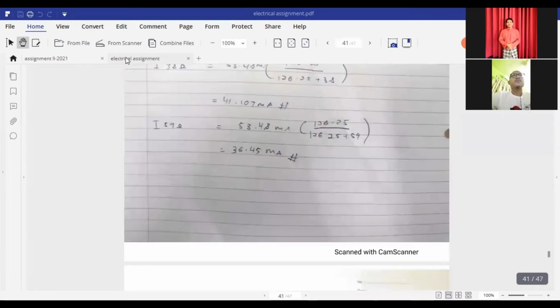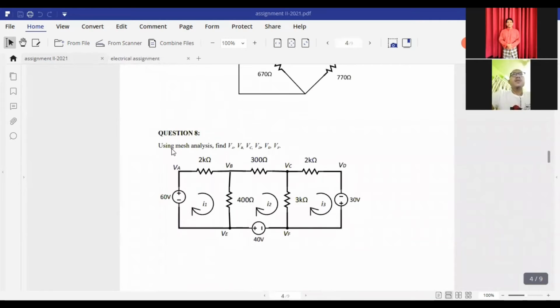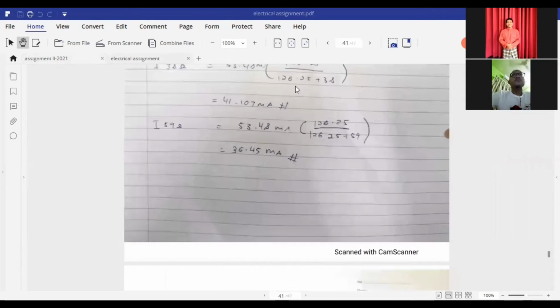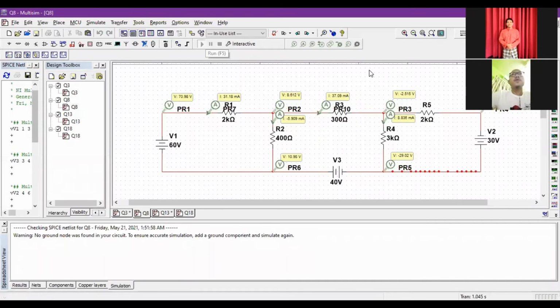milliampere. Okay, we go to question 8. This is question 8. Using mesh analysis, find VA, VB, VC, VD, VE, VF. This is the circuit for question 8.